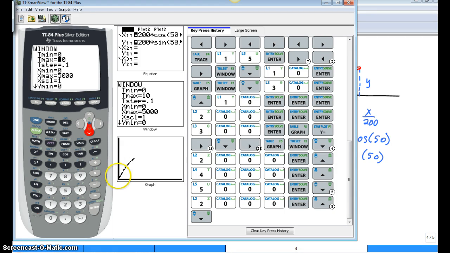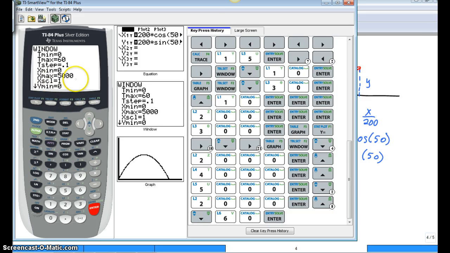What this graph is telling me is that after 10 seconds, the bullet or the cannonball, whatever it is we're firing, is mid-air. So let's see, 10, 20, 30. Let's just jump right up to 60. That way we know we have plenty of time. So now my graph should extend, and there we have it.